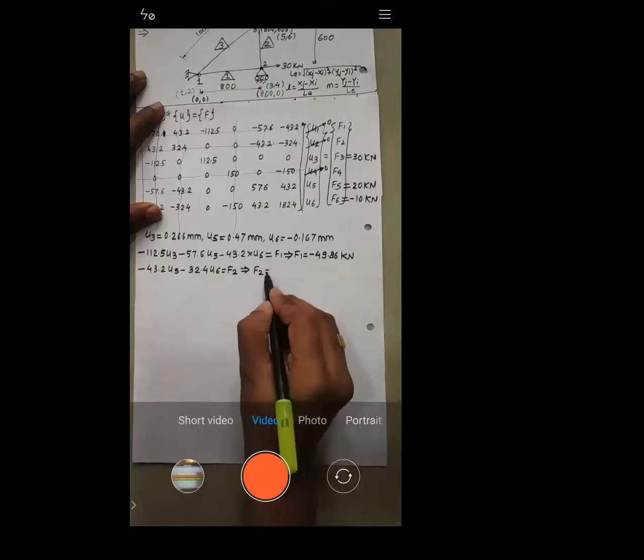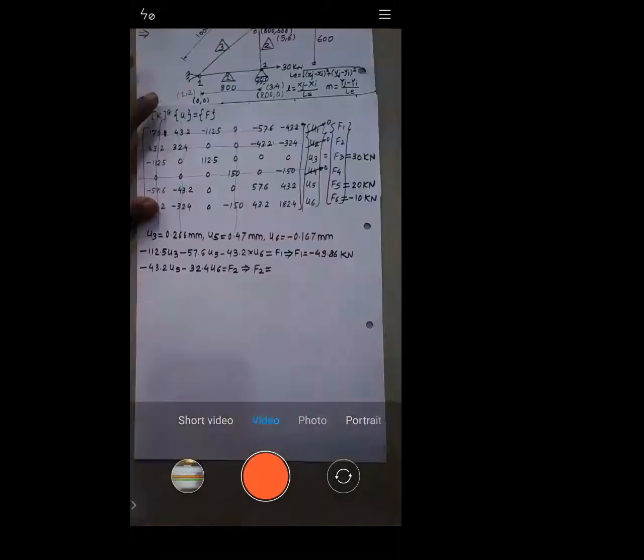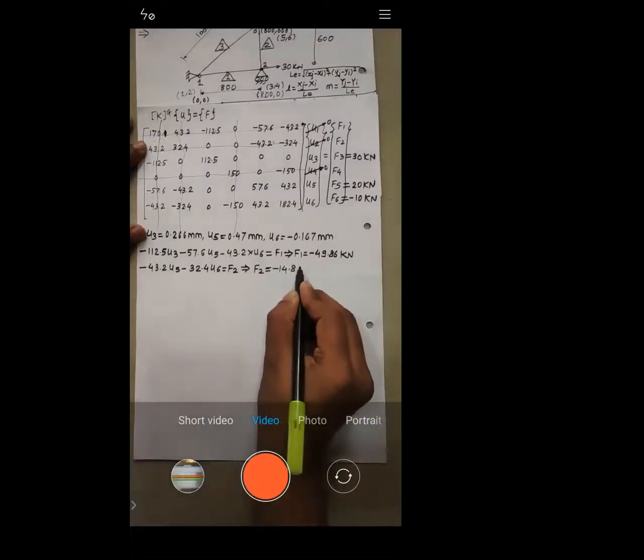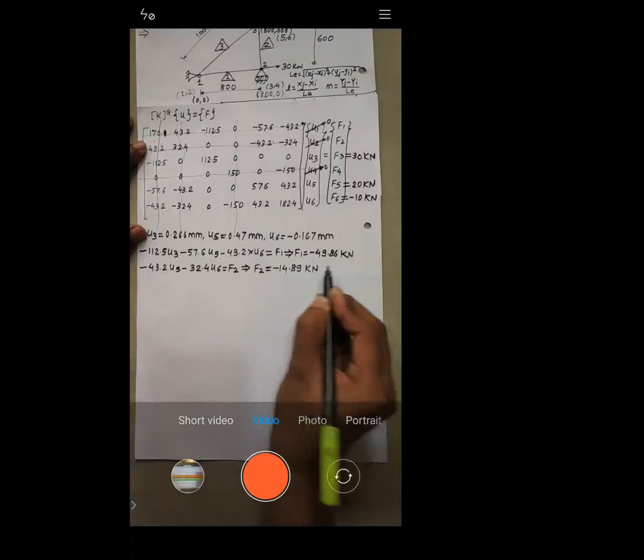Tell me the value of F2. What you are getting? All of you do the calculation and let me know. Minus 14.89. Right?